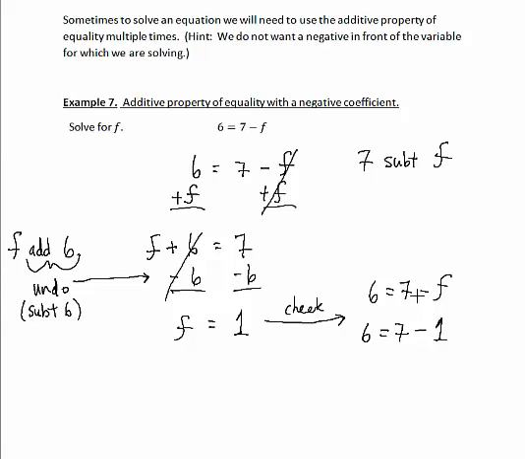We're not replacing the sign. Once we do that, we only have to calculate the right hand side. 7 minus 1 is 6. And so our solution checks out. F equals 1 is the solution.